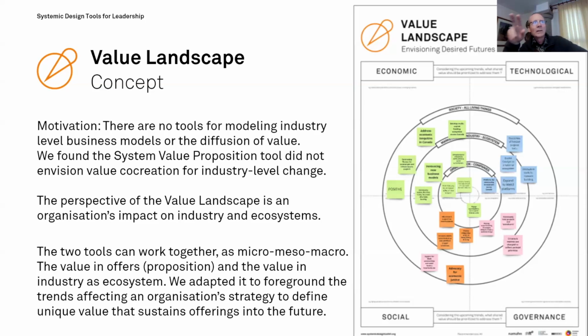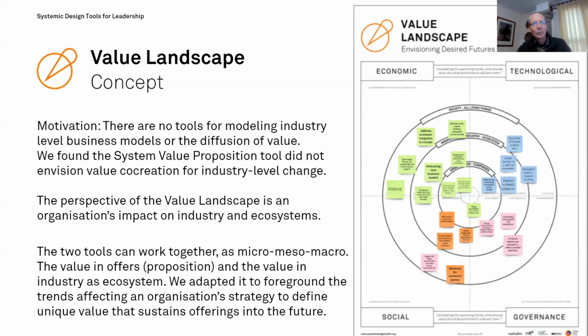And so for the value landscape, the gap that it fills is that there are no tools we know of for, for example, industry business models. Even the flourishing business model is a business model for an organization. Perhaps its impact on the industry can be mapped out, and especially with things like the actors map, rich context, you could do that, but it doesn't contain that within a single model.